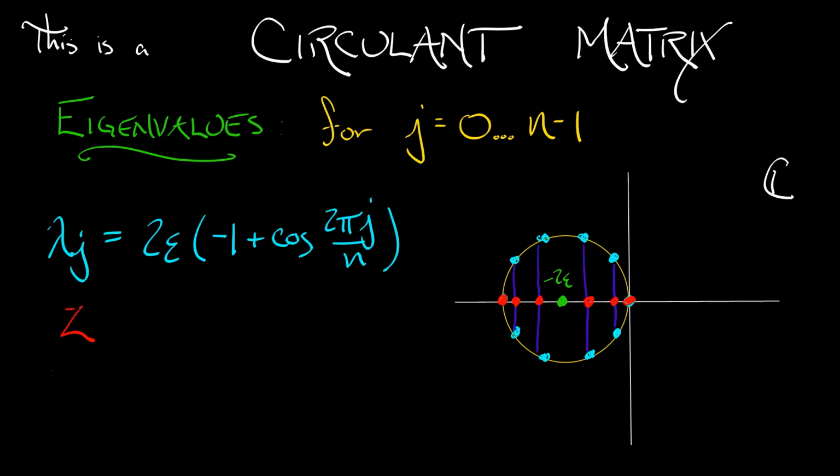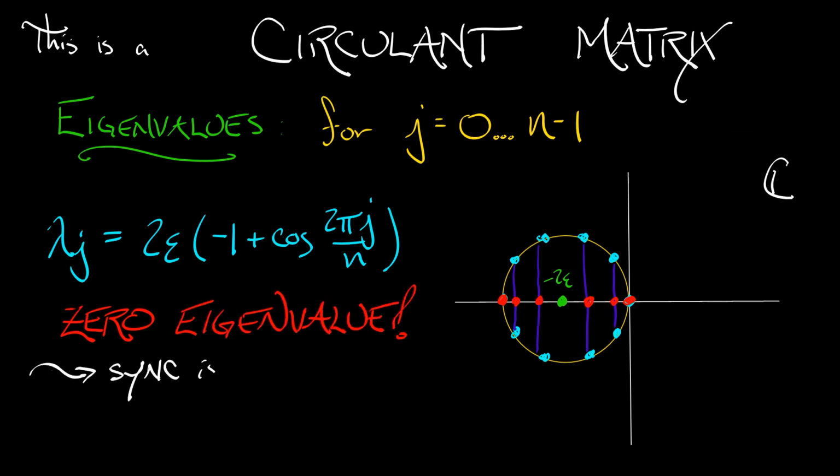Now, what does this 0 eigenvalue mean? Well, it means that the synchronized state is not inevitable. We've got one eigenvalue that does not have a negative real part. So we don't have full stability.